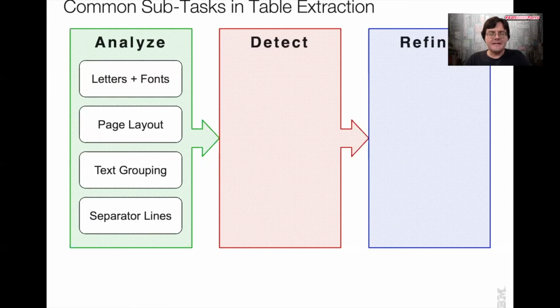Within the analyze subset, some of the subtasks are letter and font detection using OCR, optical character recognition, then page layout detection, grouping text into larger units, rows, columns, or paragraphs, and detecting separator lines, such as graphical and white space lines.